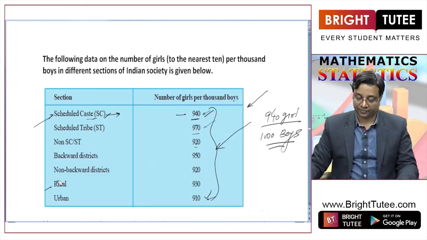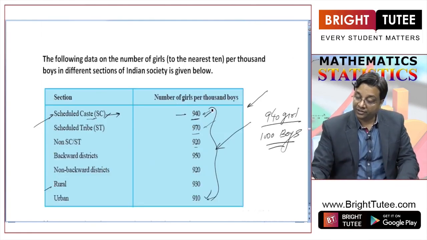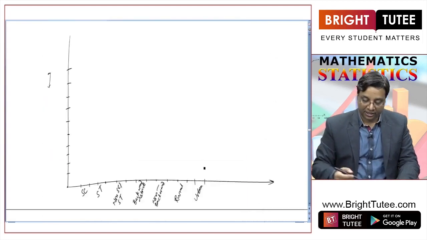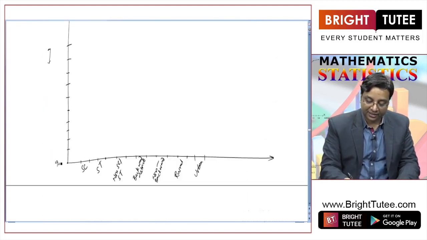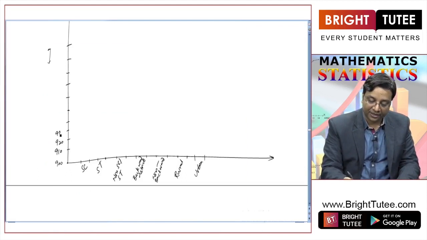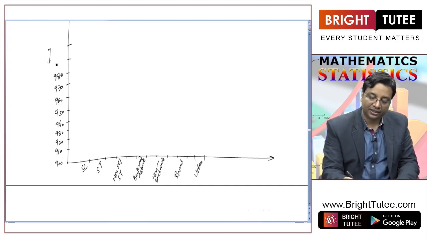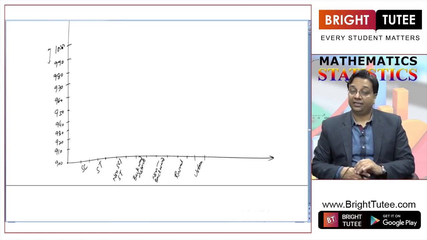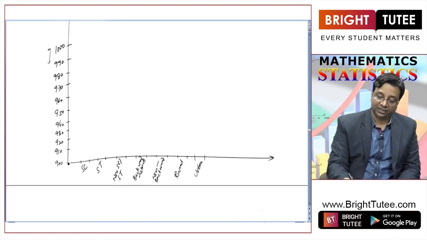So I require on the vertical axis between 900 to 1000. So let me take this as 900 and this as 910, 920, 930, 940, 950, 960, 970, 980, 990 and 1000. You can take a suitable scale, you just need to mention it here.